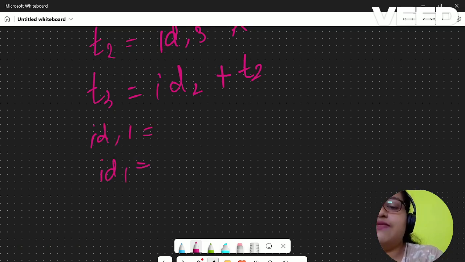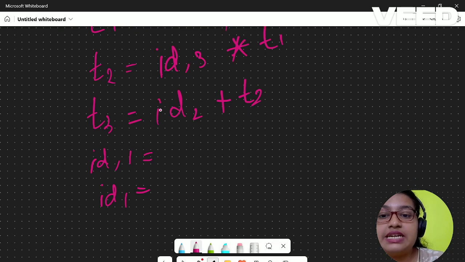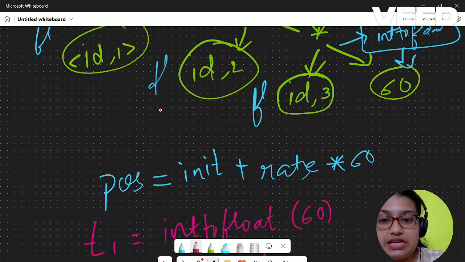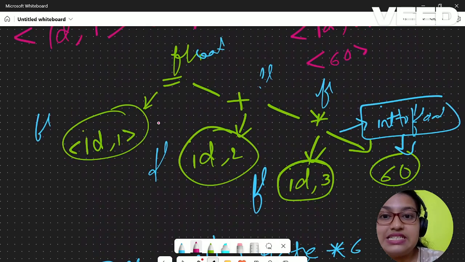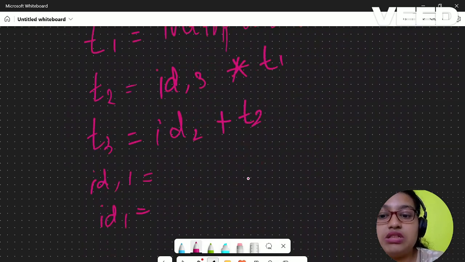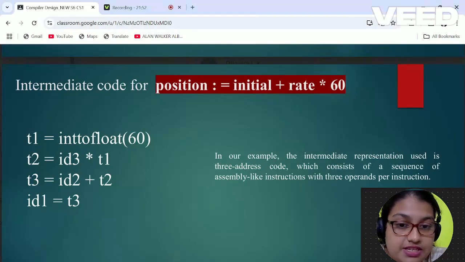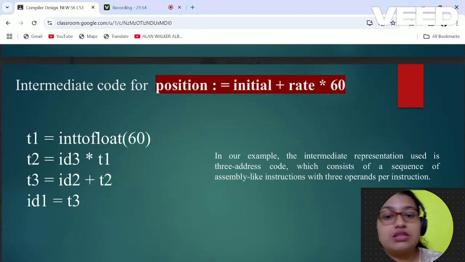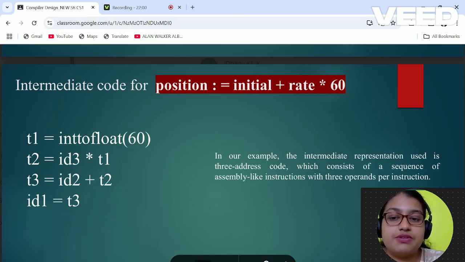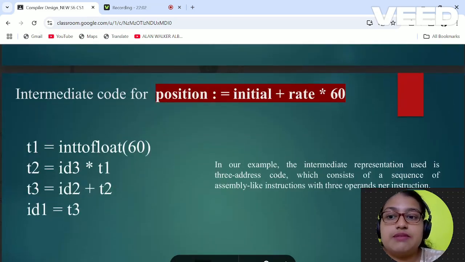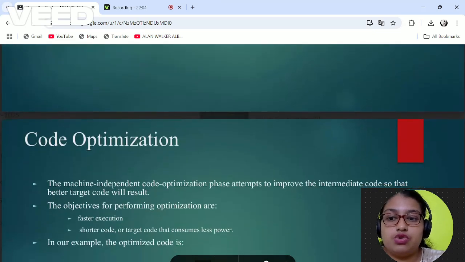T3 consists of this whole thing, so I'm just assigning the value of t3 to id1. This is the intermediate code representation. It is using three address code, which is a sequence of assembly-like instructions with three operands per instruction. That is about the intermediate code generator.